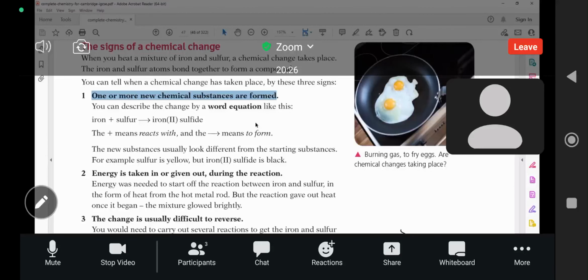The new substances usually look different from the starting substances. Here, this is the new substance. These are starting substances.